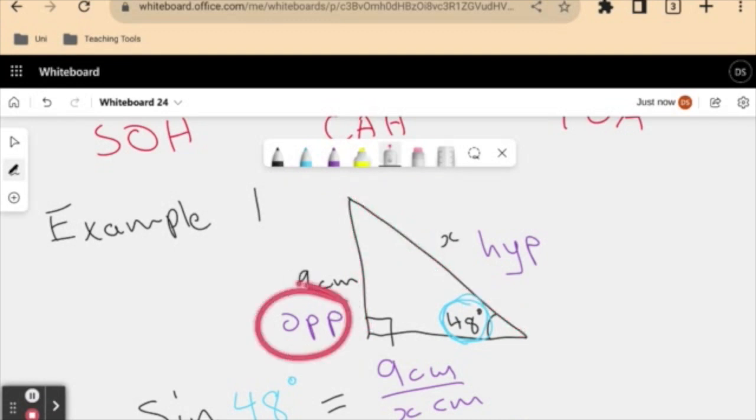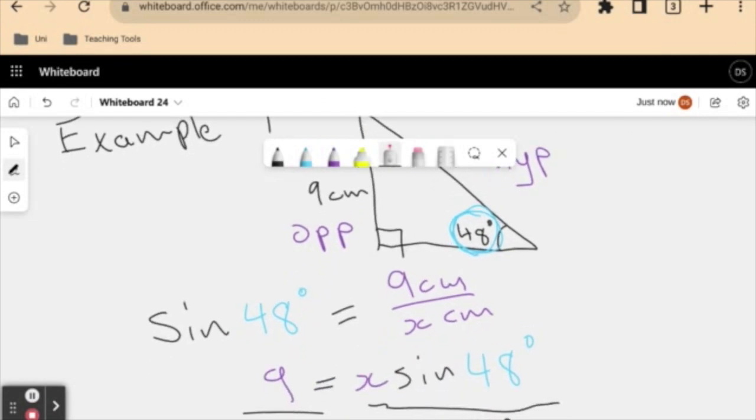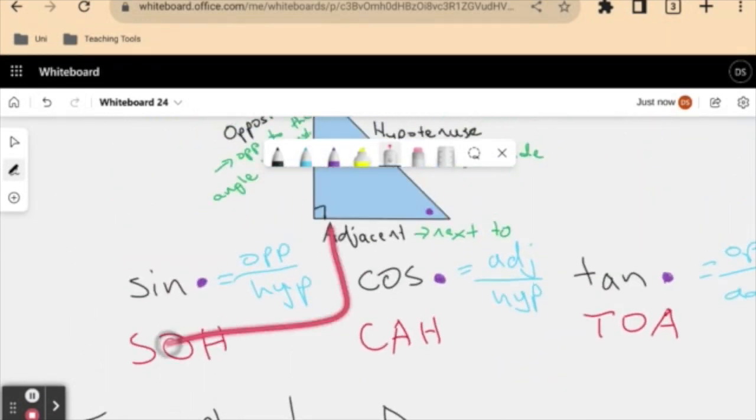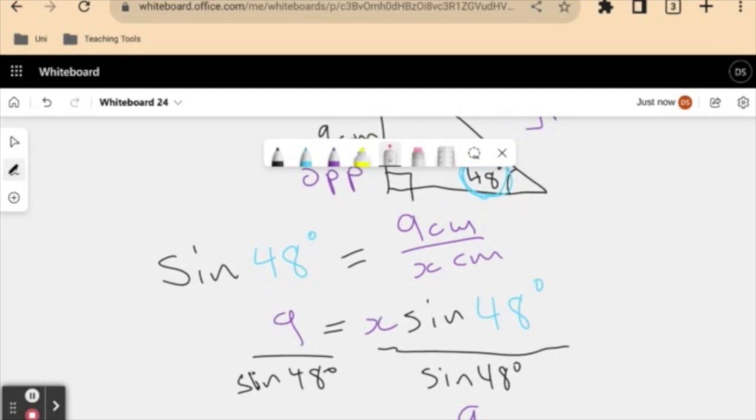And once we identify that we have an opposite and a hypotenuse, we can say, hold on a minute, we have a trigonometric ratio that relates these two, and that's our sine. And once we lay out the equation in this type of form, just from the definition we have up here, we can solve that equation. We can find our unknown side or our unknown angle.